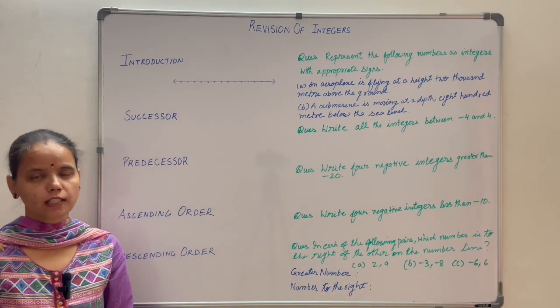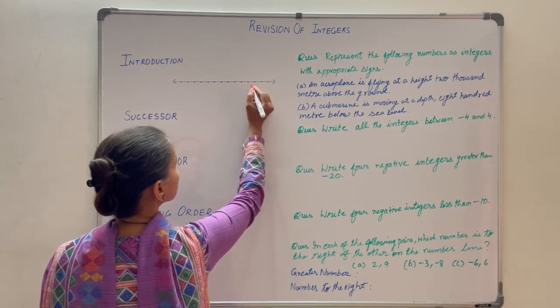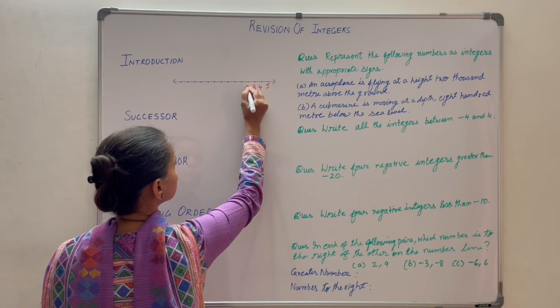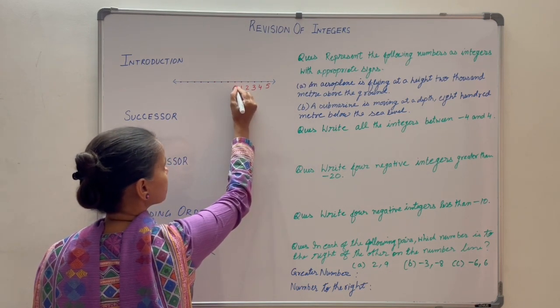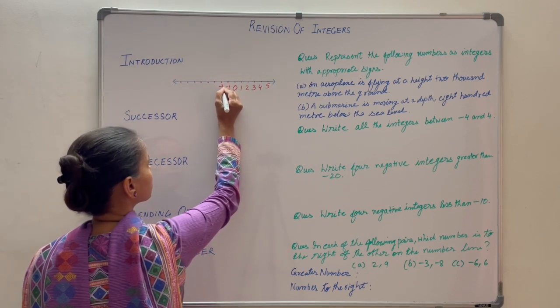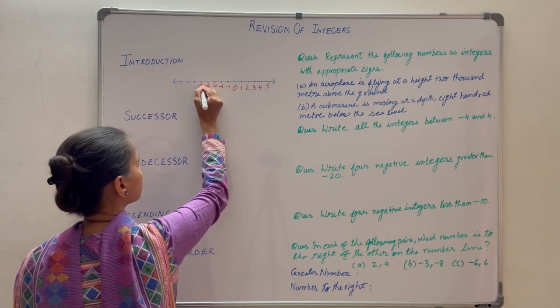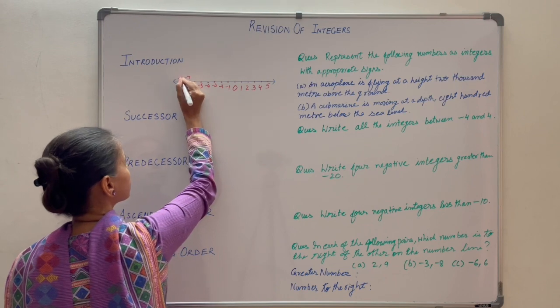Revision of integers. Integers consist of positive numbers 5, 4, 3, 2, 1, 0, and negative numbers -1, -2, -3, -4, -5, -6, -7, -8.